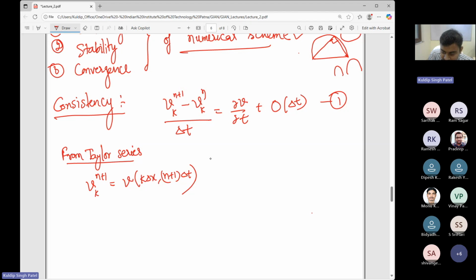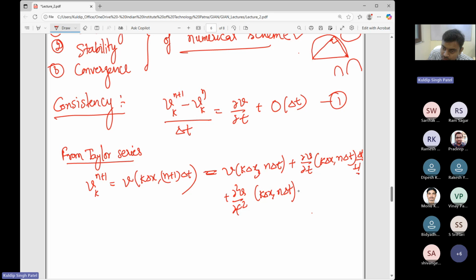And how can you write it using Taylor series? V(k delta x, n delta t) plus del V by del t at (k delta x, n delta t) into delta t by 1 factorial, plus del 2 V by del t square at (k delta x, n delta t) into delta t square by 2 factorial, and so on.